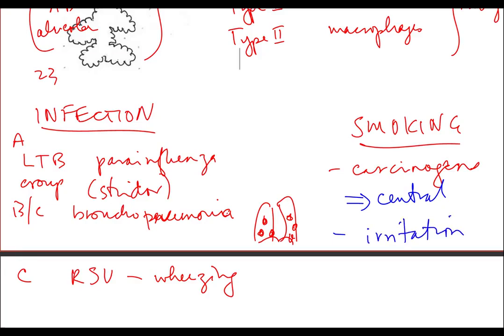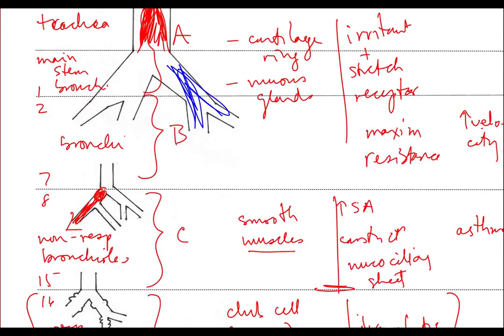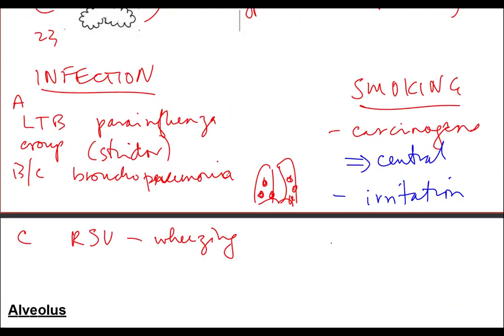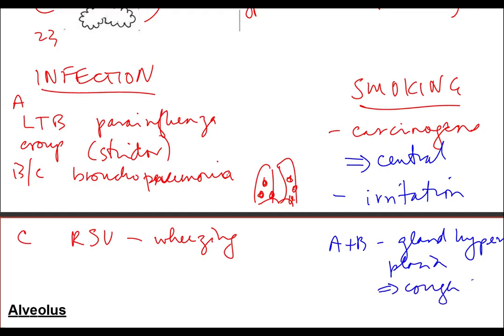So we come down and take a look at how that irritation is going to work. Up here in the upper airways, this irritation is going to cause mucus production. So when we talk about how this disease looks at the mucus level, right, so that's areas A and B, we see glandular hyperplasia. And that glandular hyperplasia produces the mucus that is associated with the cough of chronic bronchitis.